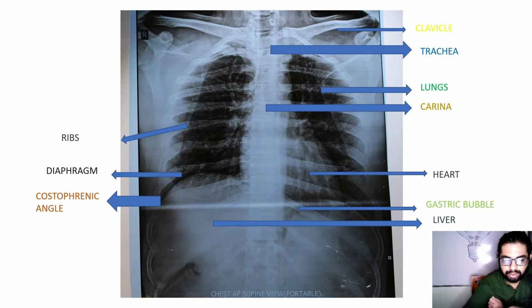So the important parts or organs which are visible in anterior posterior X-ray of the chest or the thorax, I'll explain.